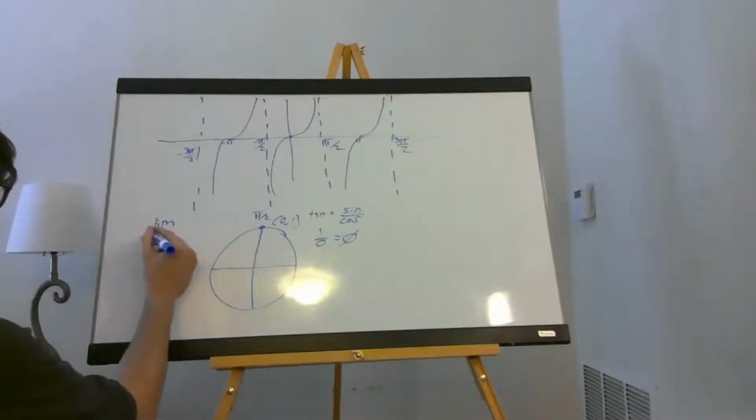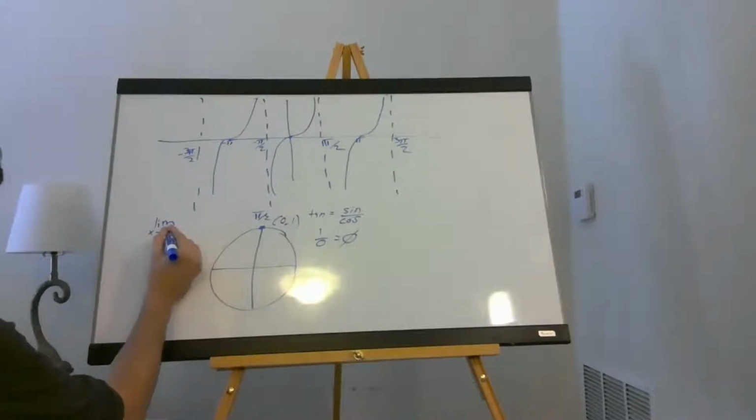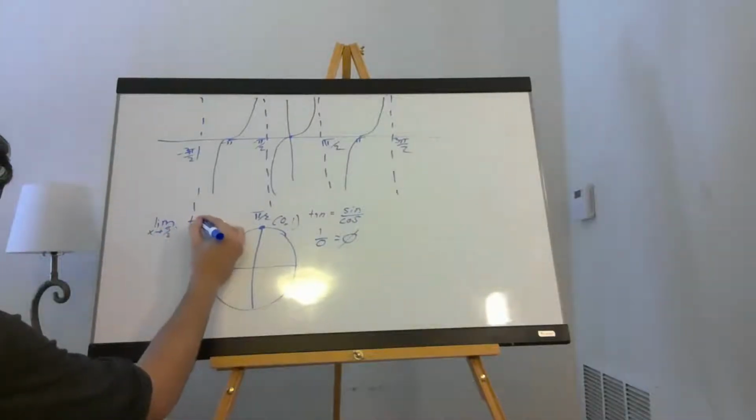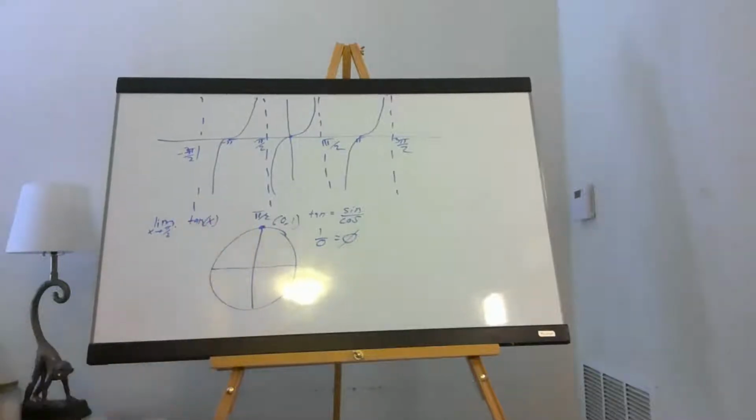So we'll start with the pretty simple one. The limit as x approaches pi over 2 from the left side for the function tan of x. This limit is from the left side, so let's take a look over here.